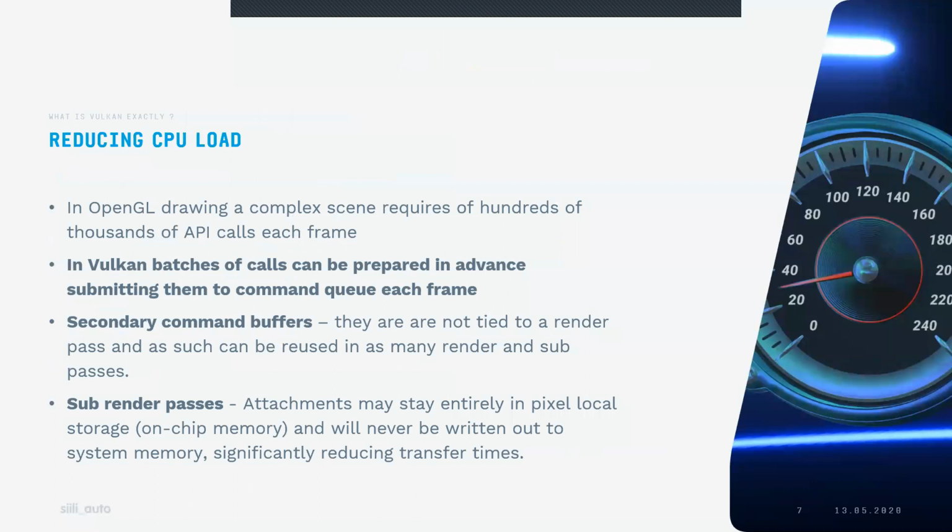The way Vulkan is able to reduce the CPU load is that it makes it possible for you to create stuff in advance. You are probably familiar with the OpenGL workflow, where in your rendering loop you constantly call hundreds or even thousands of API calls. Vulkan makes it possible to bake these commands into a single or a few so-called command buffers.